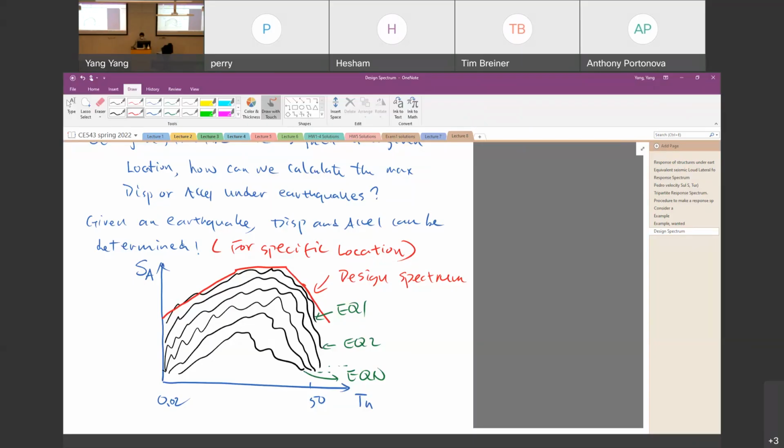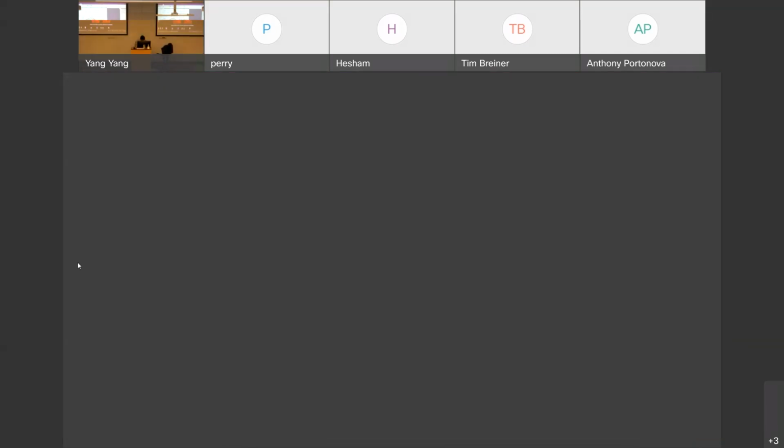And for structures with lower importance, we can use a lower design spectrum, so that we can consider all the cases here. So let's see what the building code states over here. ASCE.